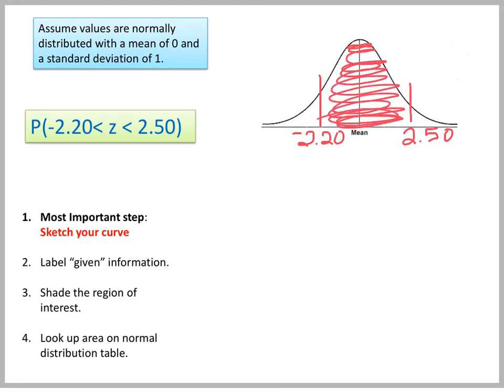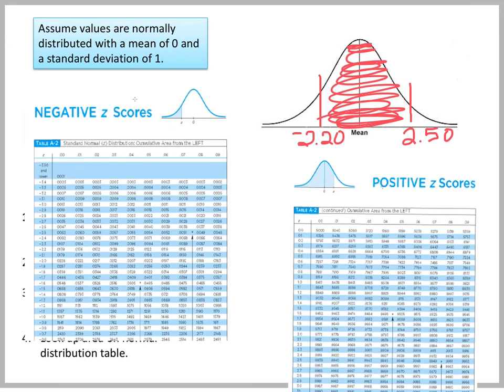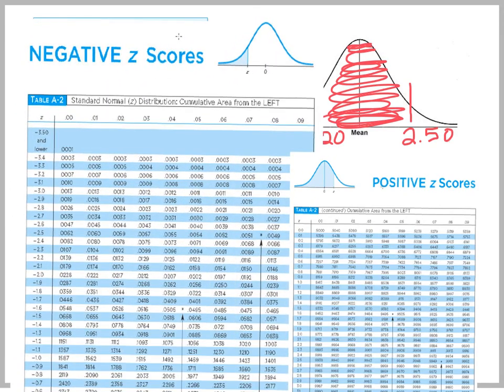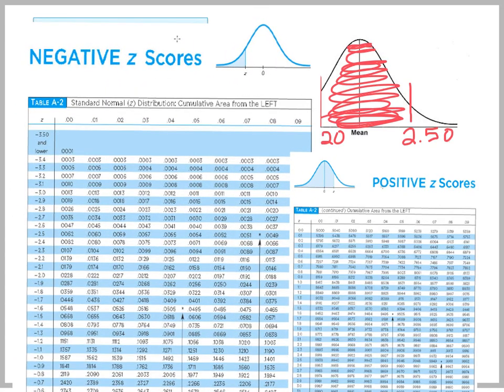So I'm going to need my z-score chart to look up these values. In this problem, I need to work from my negative chart as well as my positive chart. So first let's look up our negative z-value of negative 2.20. So looking more closely at this chart, I see that negative 2.20 is an area of 0.0139.